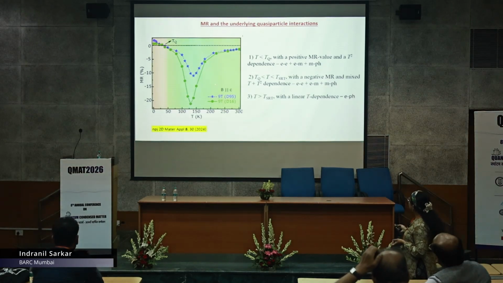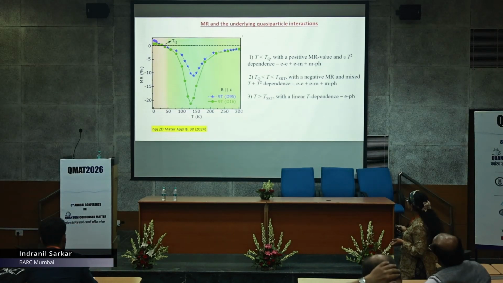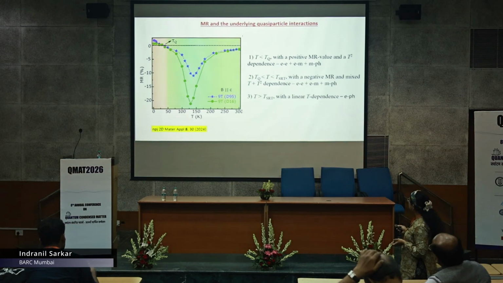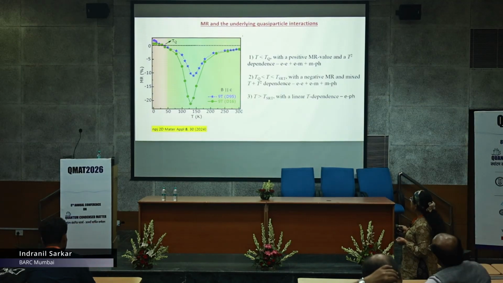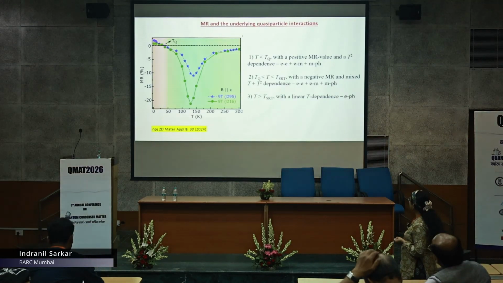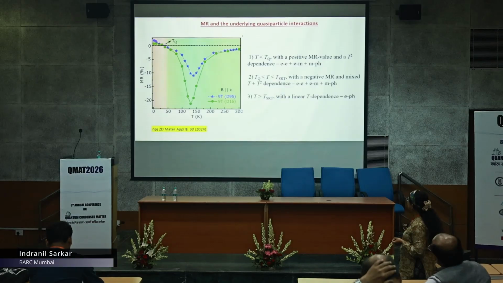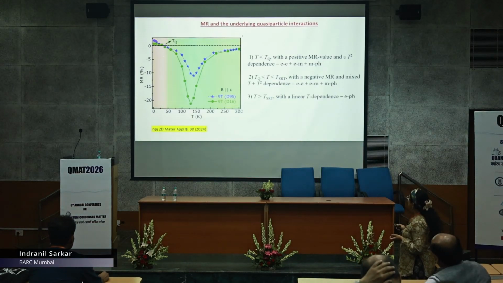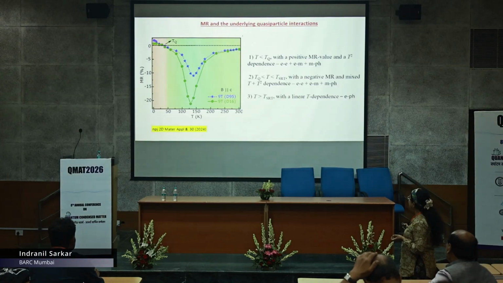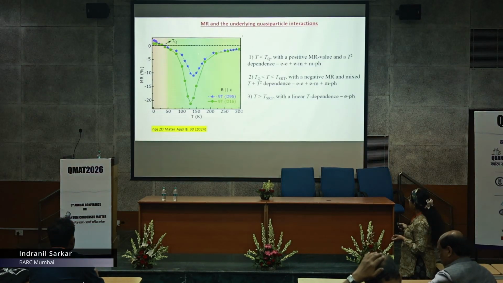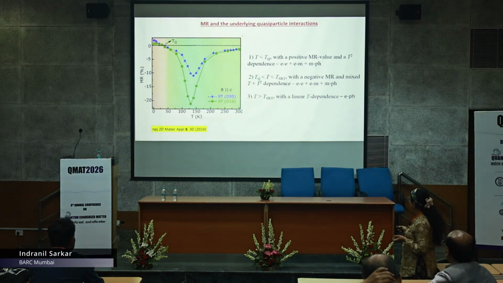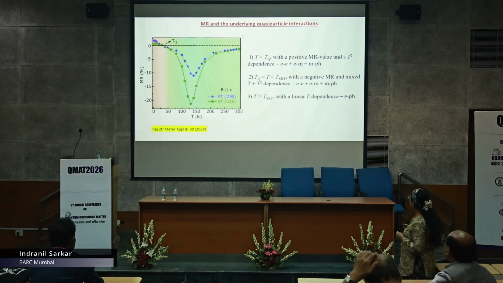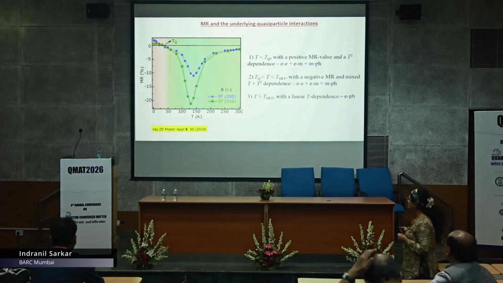As I have told, if there is a positive magnetoresistance type, there is a T square dependence. There are various kinds of quasi-particle interactions like electron, magnon and magnon-phonon dependences. And then up to TSRT, the spin reorientation temperature, there is a negative MR, that is magnetoresistance, and there is a mixed T plus T square dependence.